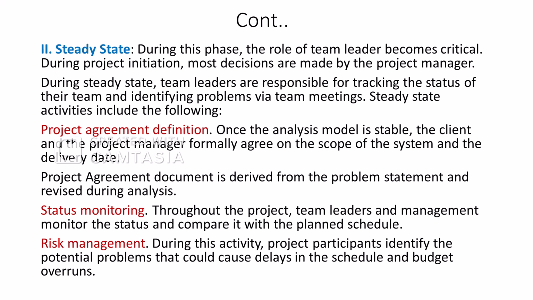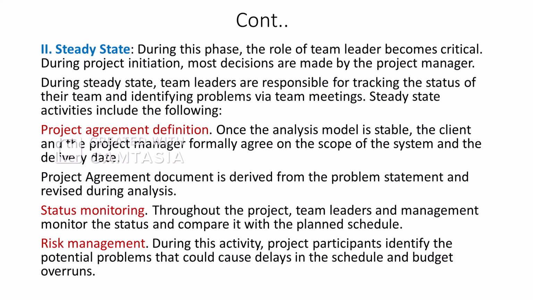The first one is project agreement definition. Once the analysis model is stable, the client and the project manager formally agree on the scope of the system and the delivery date. The project agreement document is derived from the problem statement and revised during analysis. Another necessary step in steady state is status monitoring.